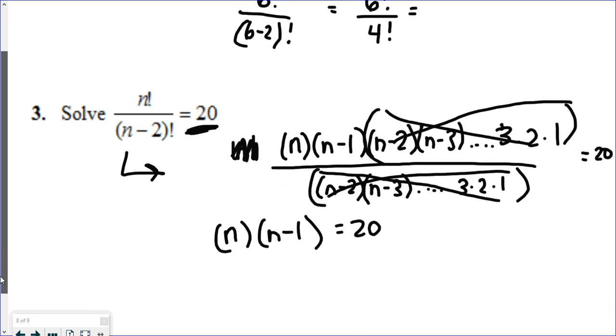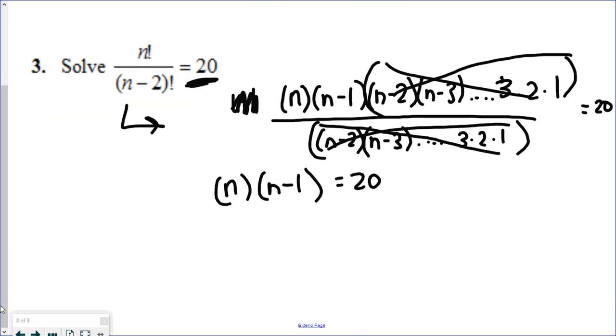If you're thinking back even to rational expressions, sometimes we got to a point like this. We're going to use our distributive property because it doesn't quite help us. We want to collect everything on one side of the equation, so I need to multiply that out. So n squared minus n.